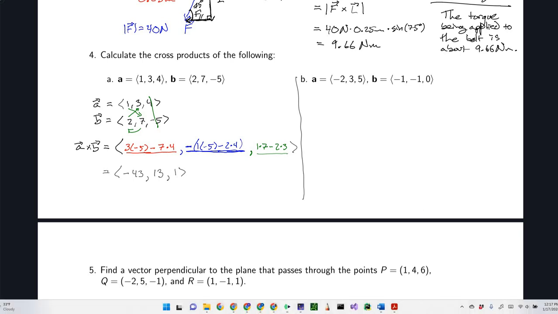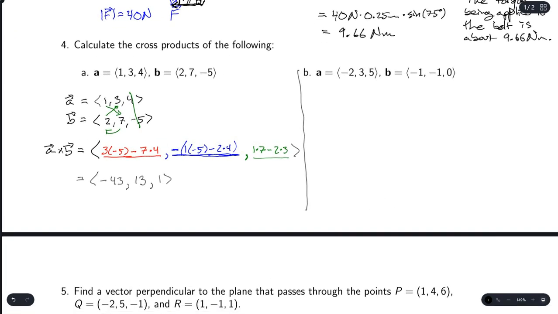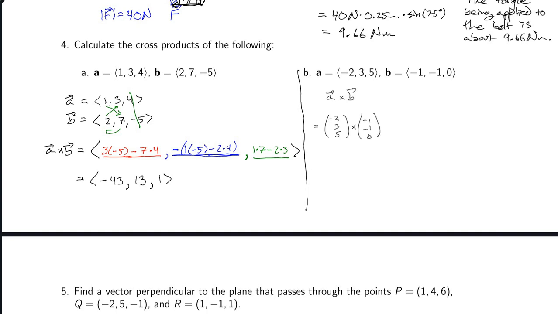Okay, so I'm going to do part B in a slightly different format, but it's the same exact idea. I'm going to take A and B and write them vertically this time. So negative 2, 3, 5, crossed with negative 1, 0.